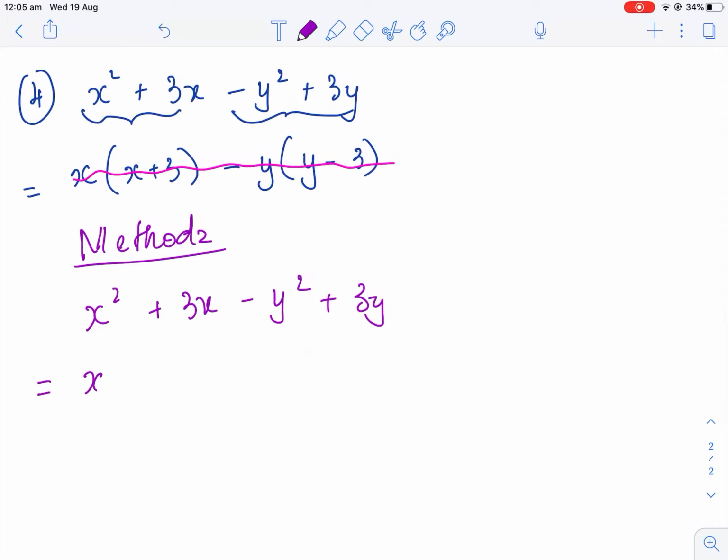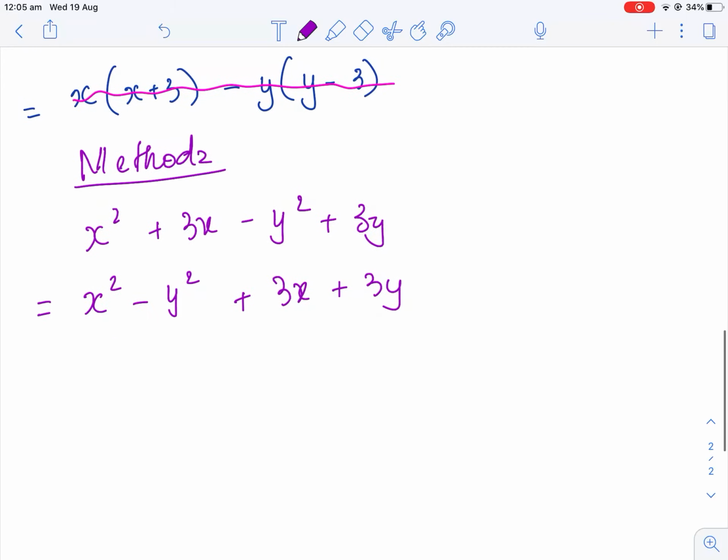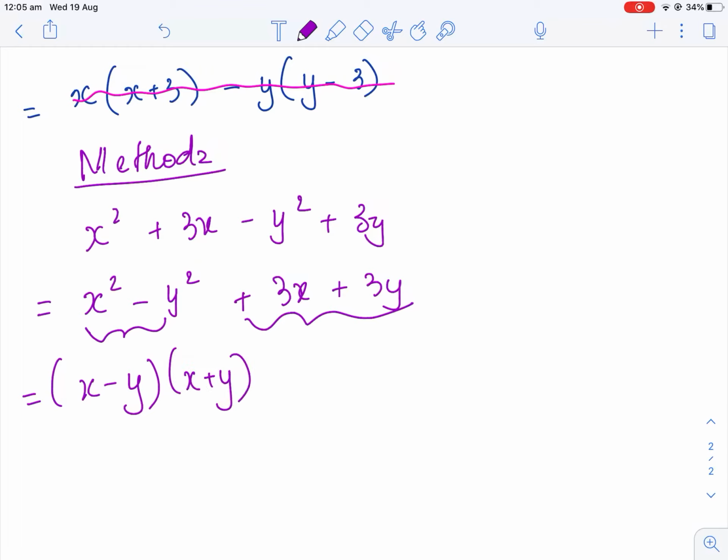And then I rearrange, putting x squared next to y squared: x squared take away y squared, and then plus 3x plus 3y. These two terms turn to a squared take away b squared, which equals a, which is x, take away b, which is y, times a plus b, which is x plus y. And then this one will turn to 3, which is the common factor between these two terms, so it's 3 times x plus y.